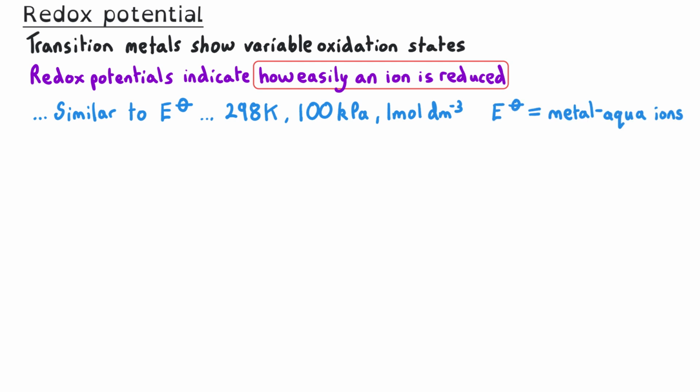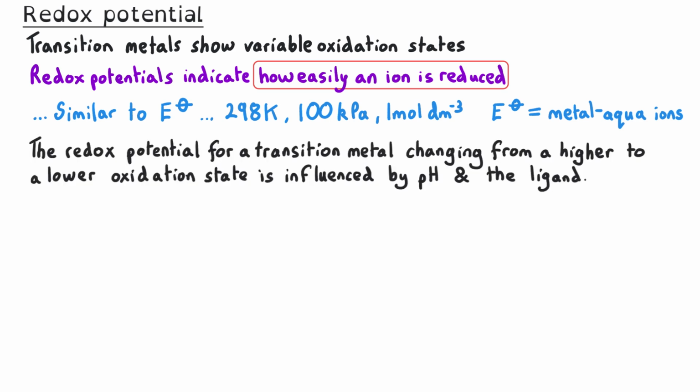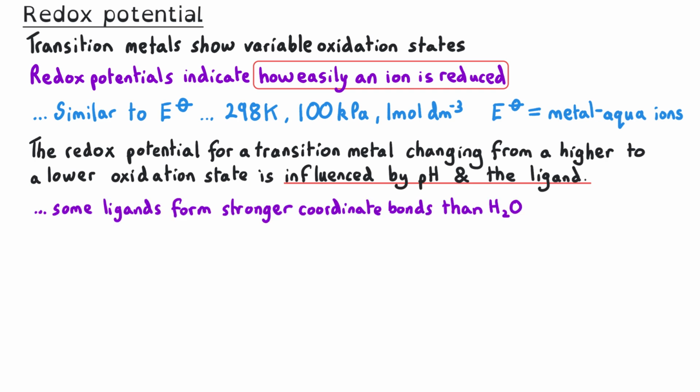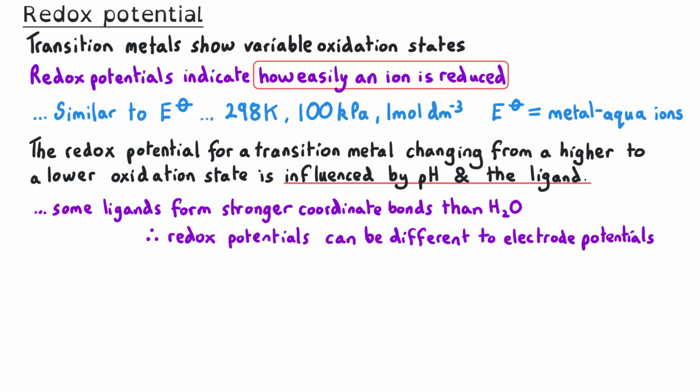They are slightly different though, because where the standard electrode potentials are measured for metal aqua ions, the redox potential for a transition metal changing from a higher to lower oxidation state is influenced by the pH and the ligand. And some ligands form stronger coordinate bonds than water would in the metal aqua ion. Therefore, the redox potentials can be different to electrode potentials.